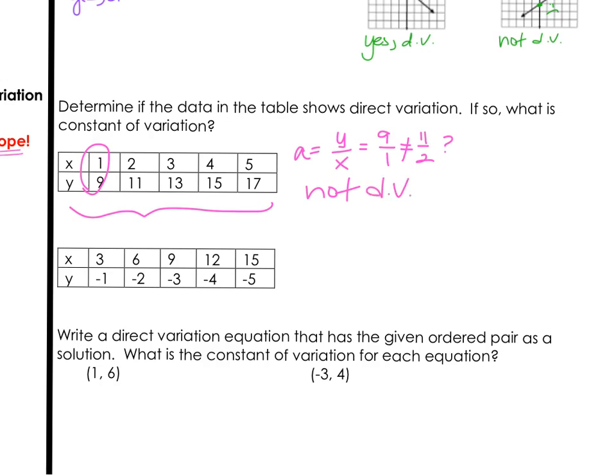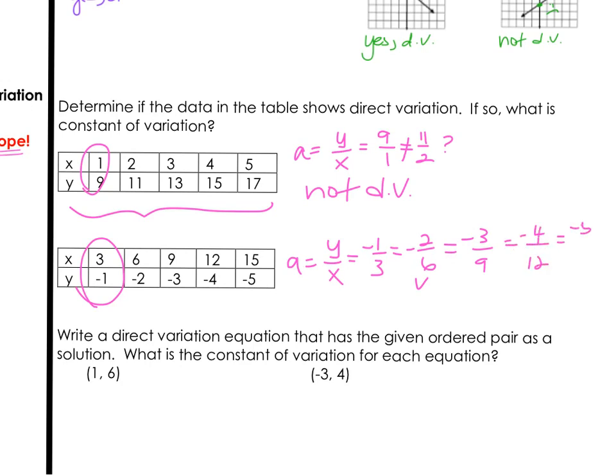But down below, let's see what happens here. Again, if we apply that template, a equals y over x, here we have -1 over 3. And in that second column, we would have -2 over 6. And that checks. -2 over 6 reduces to -1 over 3. -3 over 9 would also reduce to -1/3. -4 over 12.